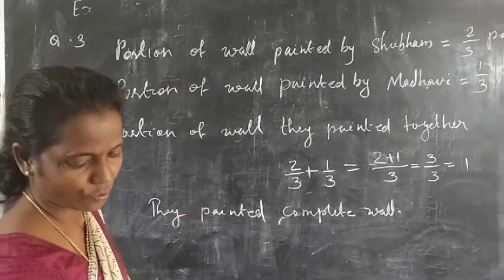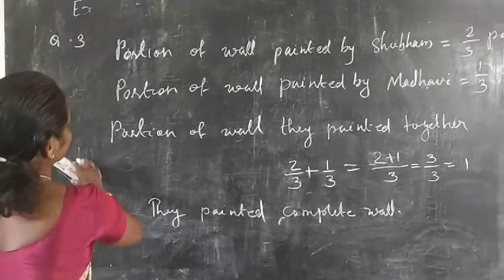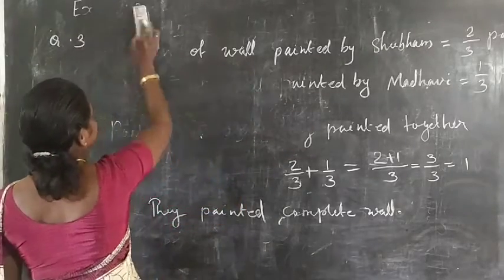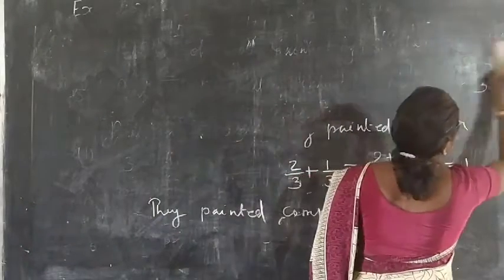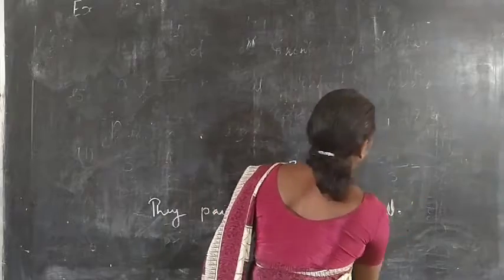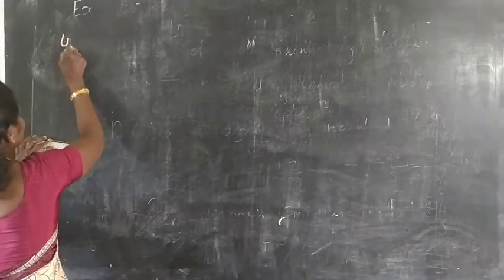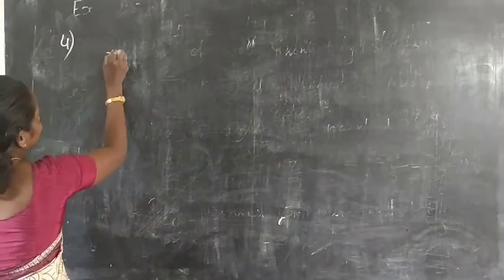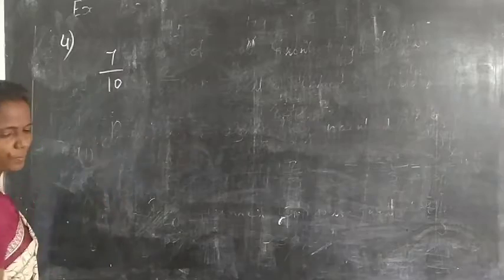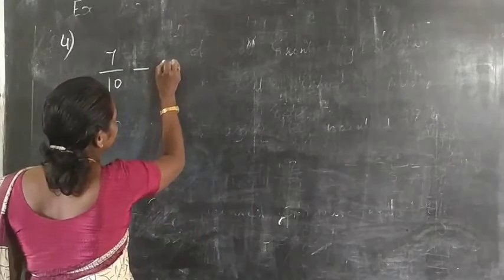The next question, question number 4, fill in the missing part of the fraction. Question number 4: 7 upon 10 minus this space.